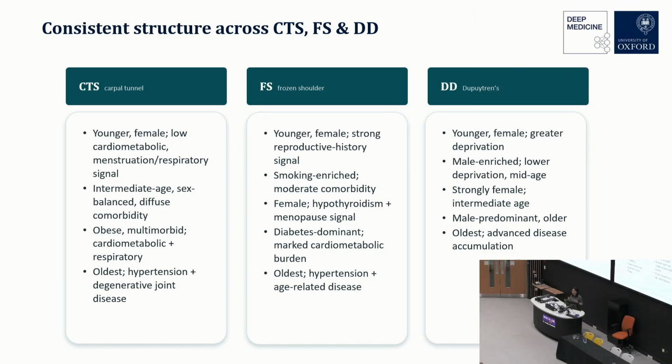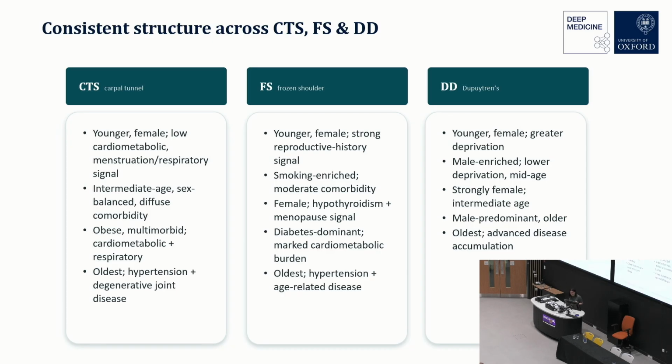We also applied the whole pipeline to carpal tunnel syndrome, frozen shoulder and Dupuytren's, and we found something similar and something disease-specific. For instance, in carpal tunnel syndrome, the oldest group, cluster 5, is the hypertension plus degenerative joint disease group, whereas in frozen shoulder, cluster 2 is dominated by men, and lifestyle factors such as smoking are the main feature in these clusters.